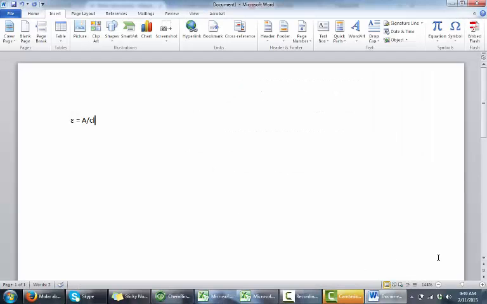Alright, so I can use this equation that I'm showing you to explain what absorption is. Here I'm defining epsilon as the molar absorptivity of the species. A is my absorption, and C is the concentration of the species.